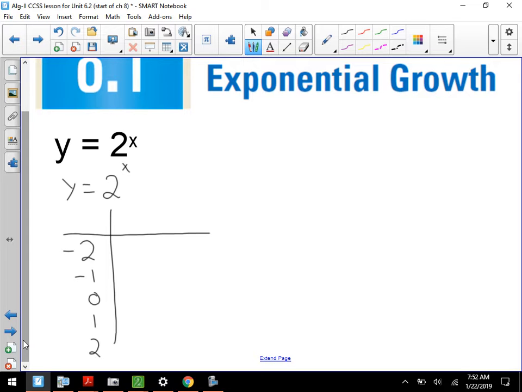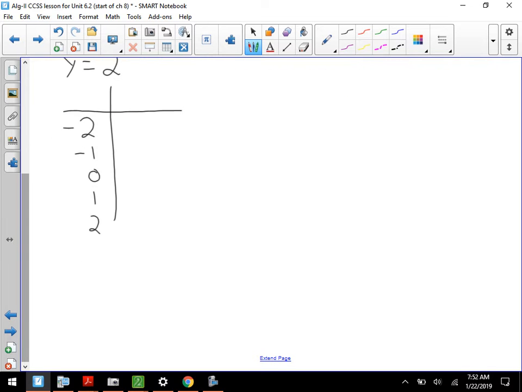All right. So remember what this is doing. What is anything to a negative exponent? 1 over. Okay. So if it's 2 to the -2, what does that equal? 1/4.